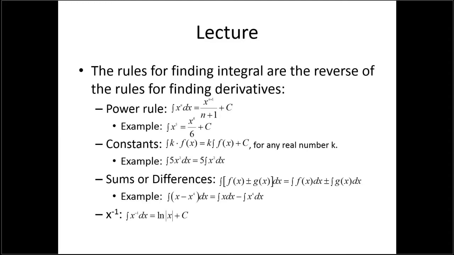Another important one, a specific case, just for symmetry's sake since we did this with derivatives: the integral of 1 over x is equal to the natural log of x plus c. So the integral of x to the negative 1 dx is the natural log of x plus c.